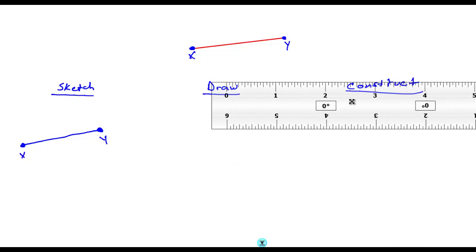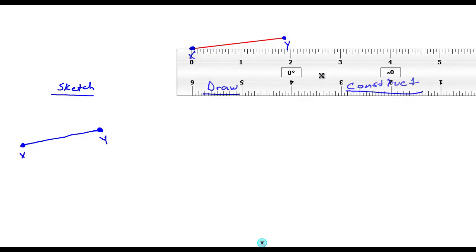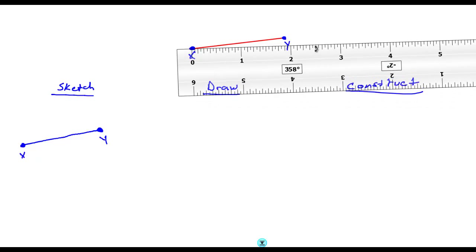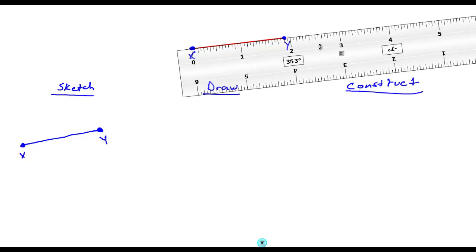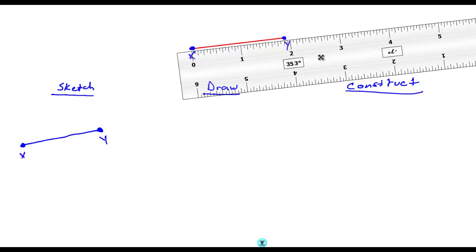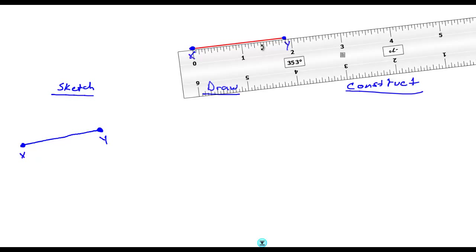Okay, so here's a ruler. I'm going to put my ruler on my segment as best I can here. Alright, so now I say that segment XY starts right here at 0 and goes right here to 1 and let's see this 1, 2, 3, 4, 5, 6, 7, 8, 9, 10, 11, 12, 13, 14, 15, 16.